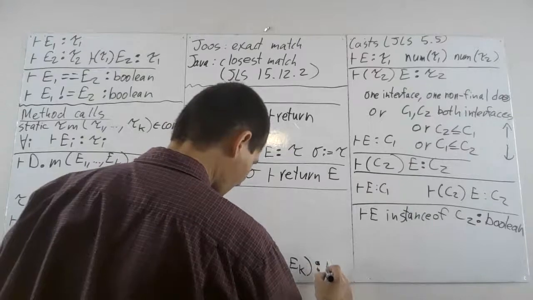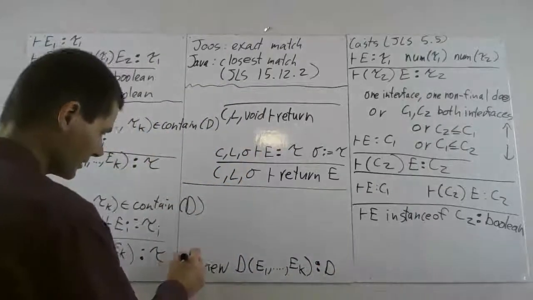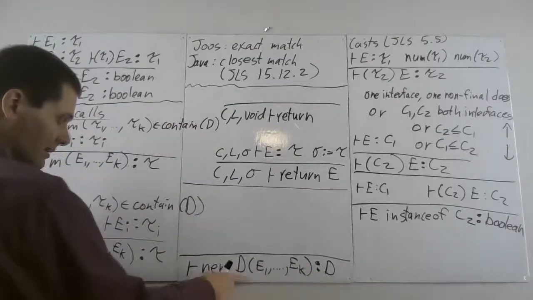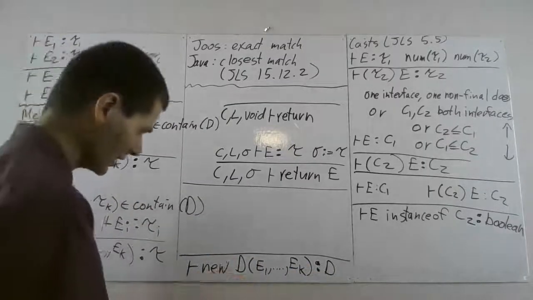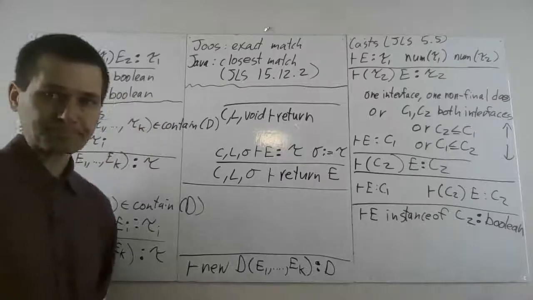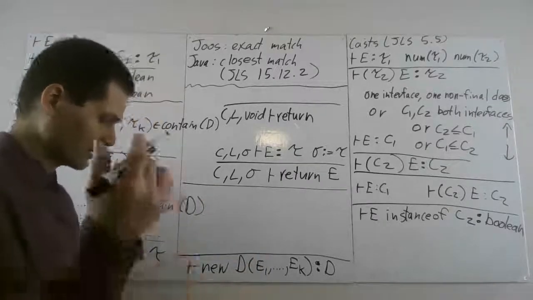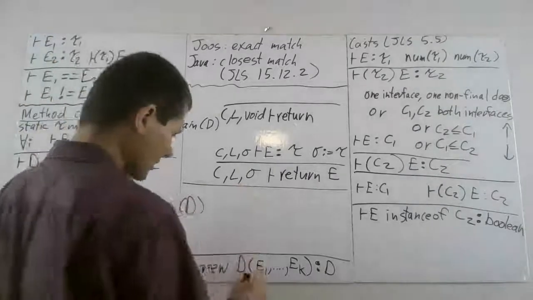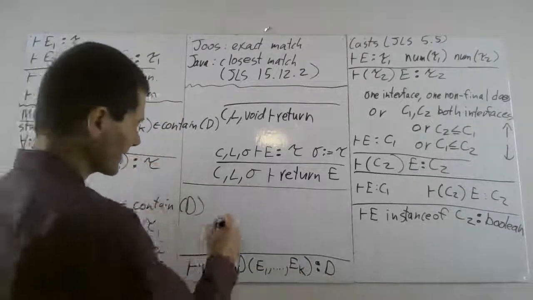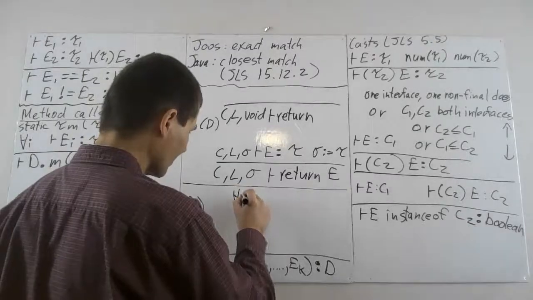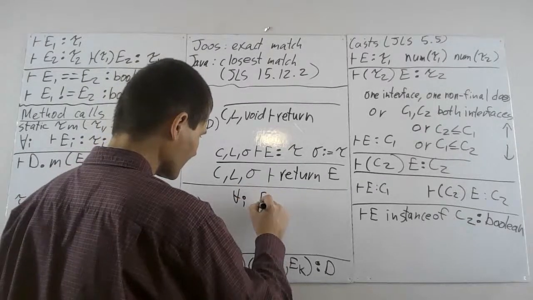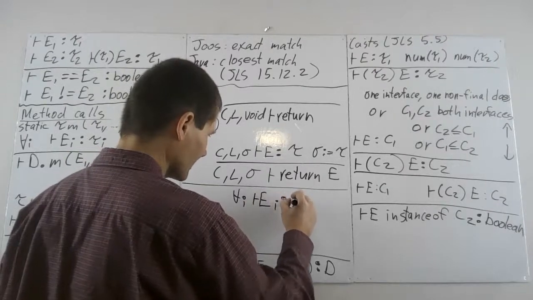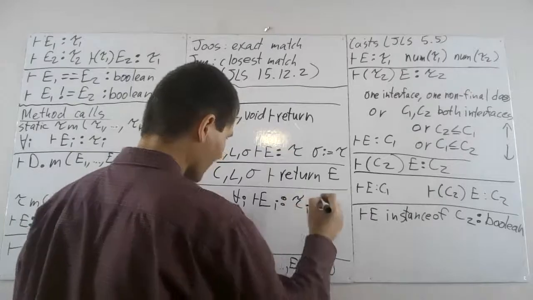Now, I know that the type of this object creation is going to be D, because I said I wanted an object of type D. And now I just need to find the right constructor, right? So, up here, as with methods, I'm going to type check all of my arguments. So EI has some type tau I.